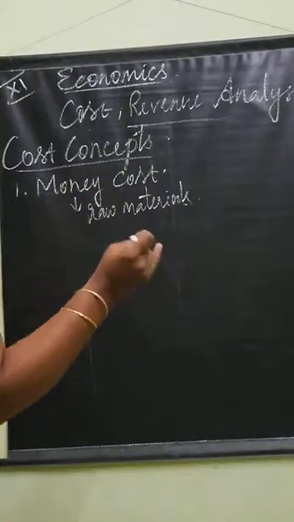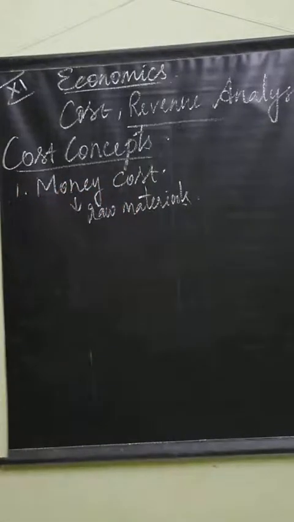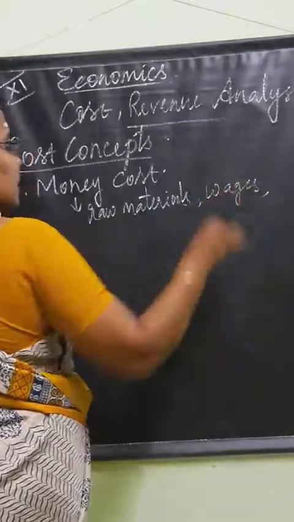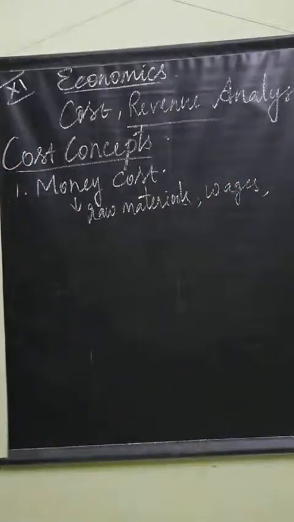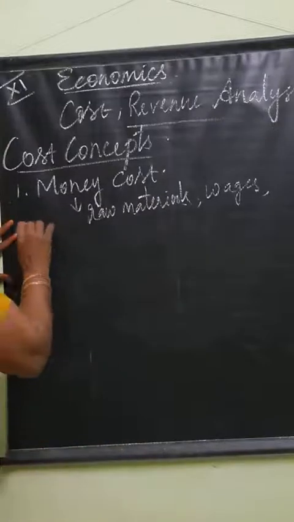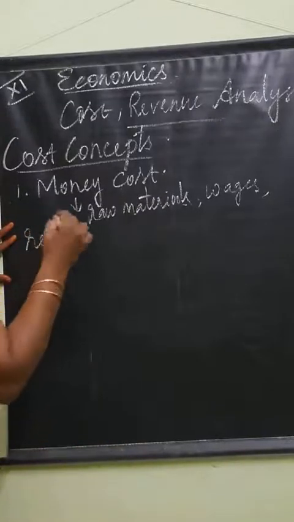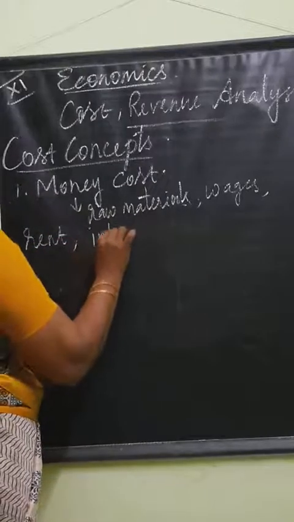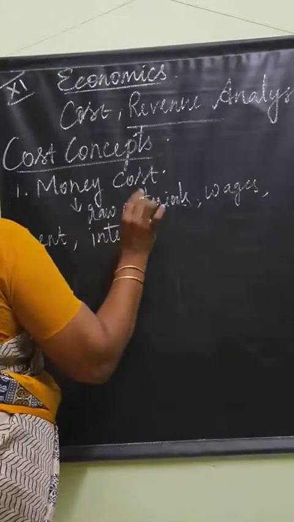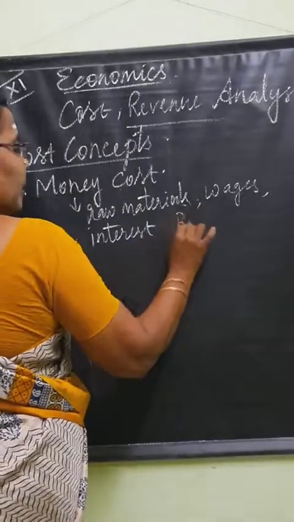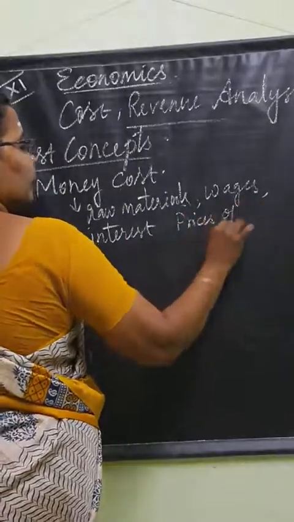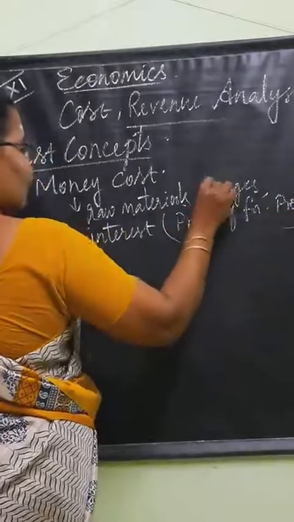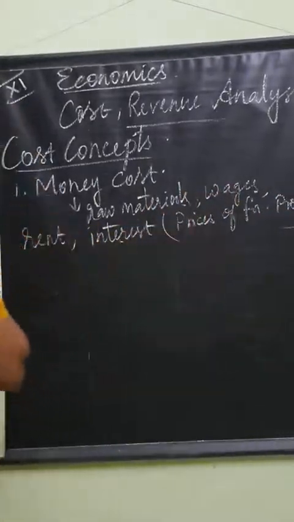So, while we are purchasing the raw material and while you are paying for the labors, salaries, wages and rent, all these things we will give in the form of money, isn't it, girls? Interest, factor of production, price of the factor of production. In simple term, we can say the prices of the factor of production. So that means we can include all the four: wages, rent, interest and other things.